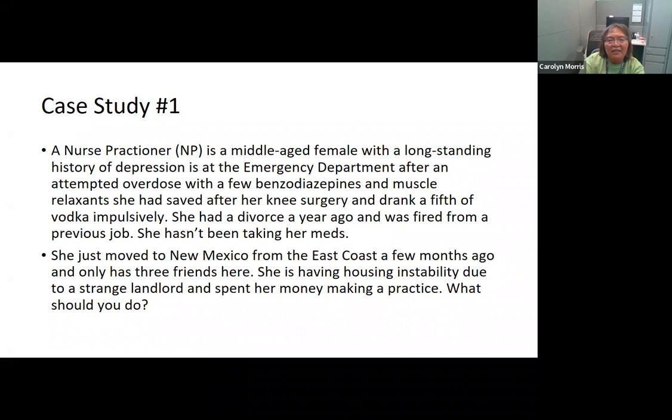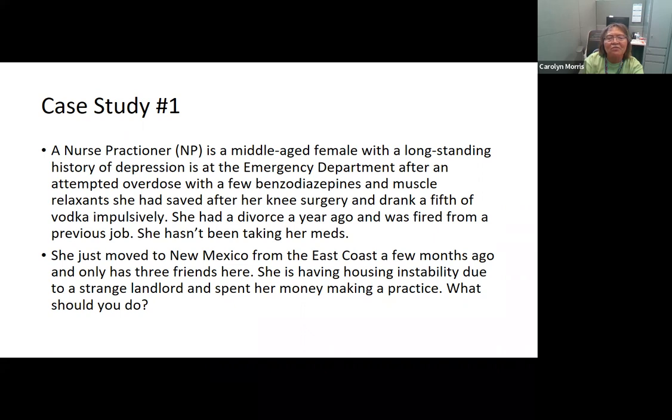She had been divorced a year ago and was fired from a previous job. She hasn't been taking her meds. She just moved to New Mexico from the East Coast a few months ago and only had 3 friends here. She's having housing instability due to a strange landlord and spent her money starting a practice.